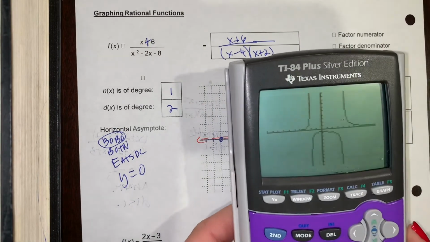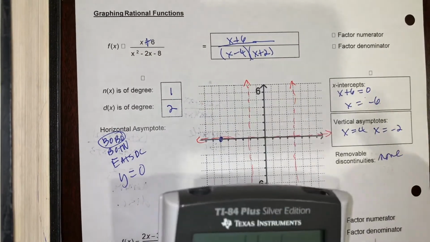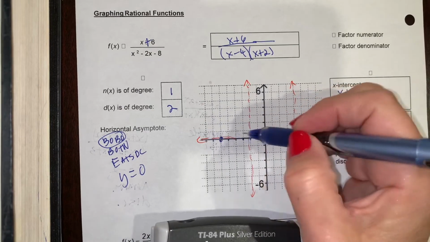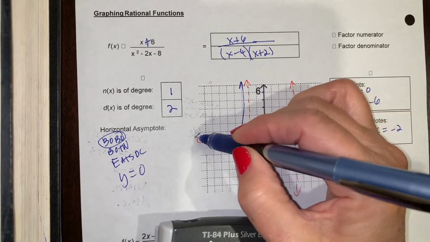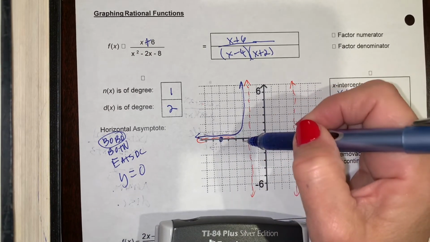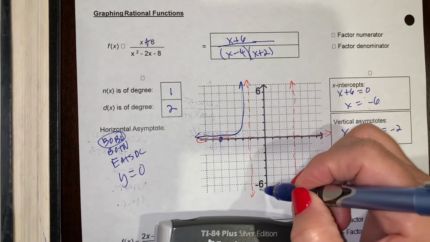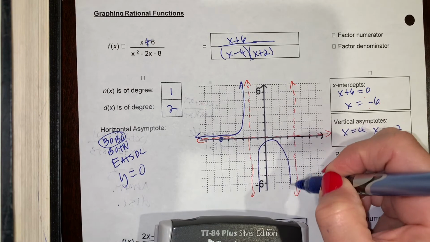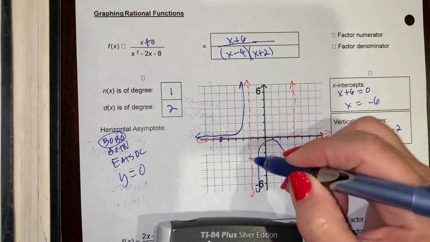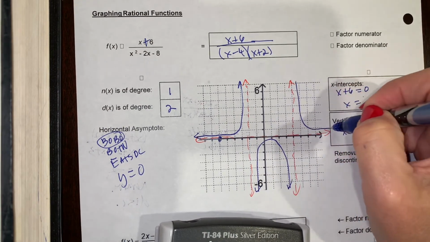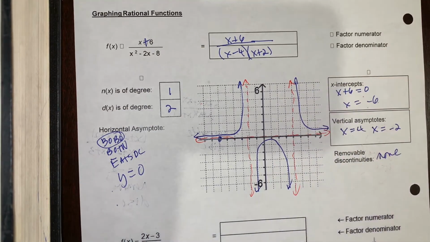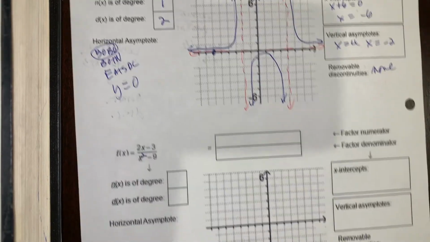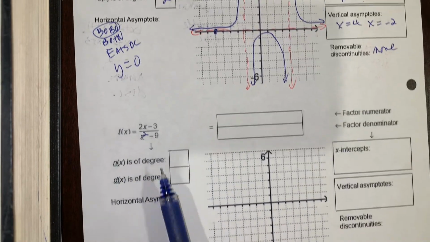Okay, and I just typed this in, but it fits this pattern really well. So it should not cross the horizontal asymptote, and then it's going to stay in between these borders here, and it's not going to cross the vertical or the horizontal asymptote there. Okay, so let's look at the next one.